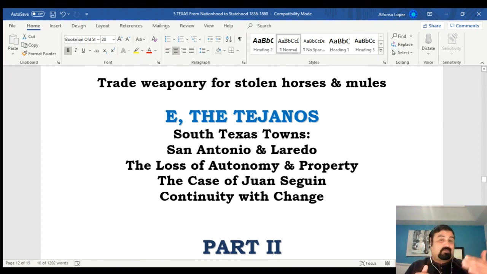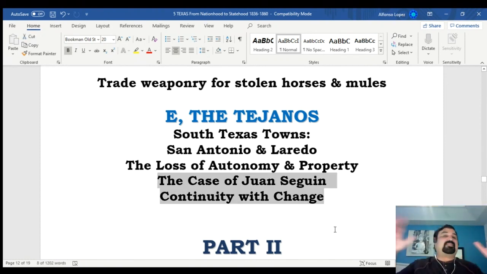Some of them are going to even lose property as well. Cattle ranchers are pretty much losing certain lands that are being transferred, given to investors or merchants or colonizers, etc. And of course, this is the situation of the Tejanos. The case of Juan Seguin is indicative of this.